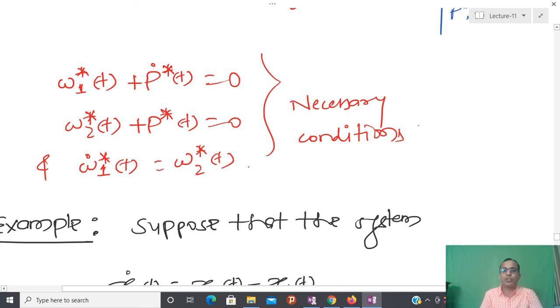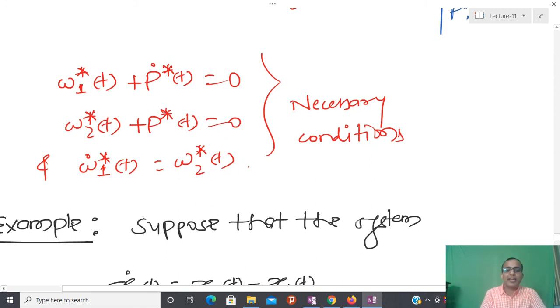these three equations give the necessary condition if I have a system like omega 1 dot equal to omega 2, and the constraint is defined, and the functional or performance measure is defined by the integral from t0 to tf of half of omega 1 square plus omega 2 square dt, then that particular functional is basically extremized by these three sets of differential equations.